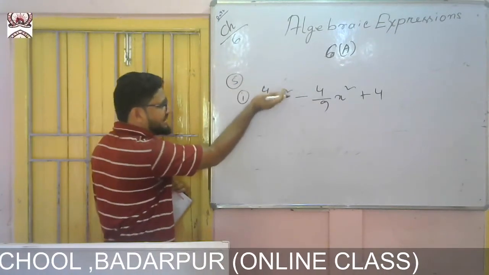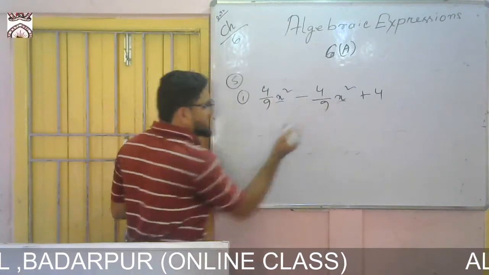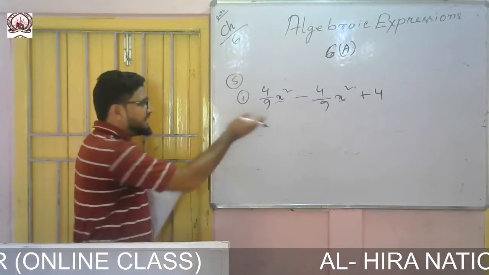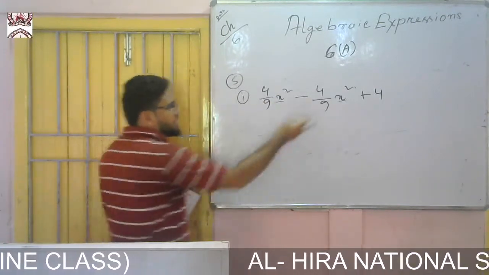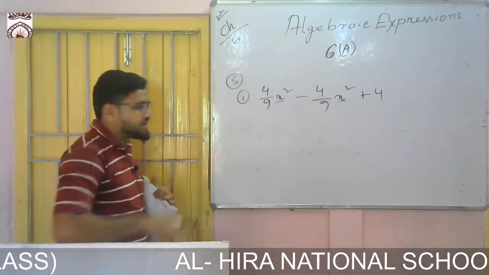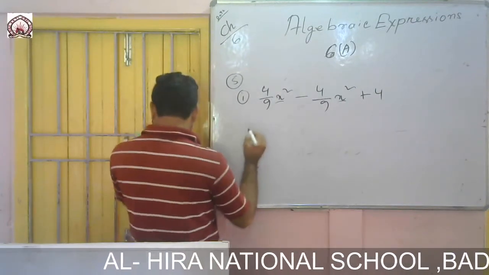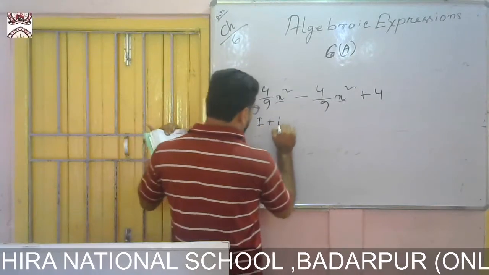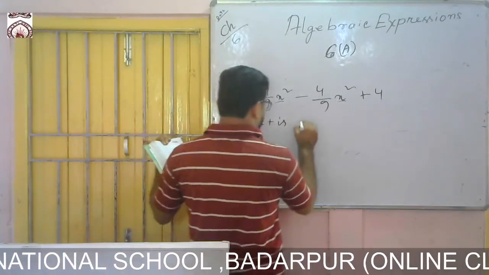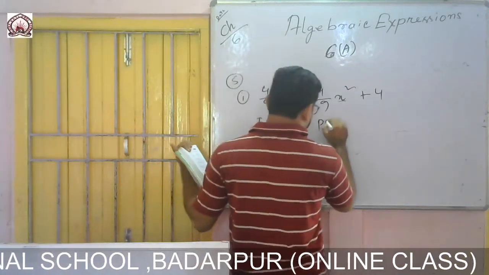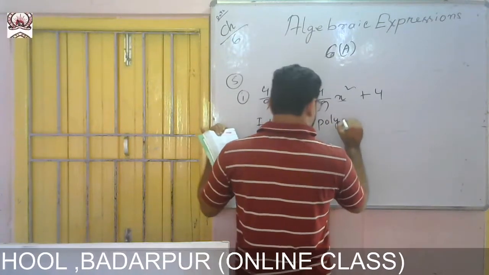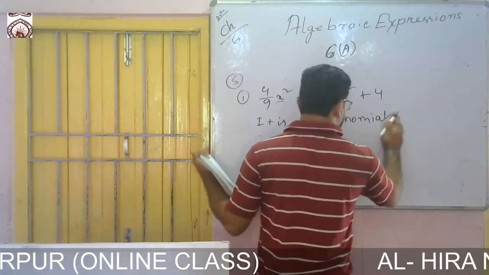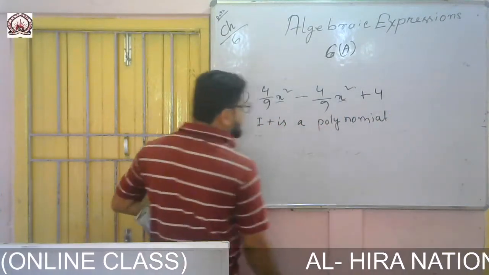This x square and this x square are the variables, so these variables are in the upper portion, that is, in the numerator. This also, x square is in the numerator. So it is a polynomial.